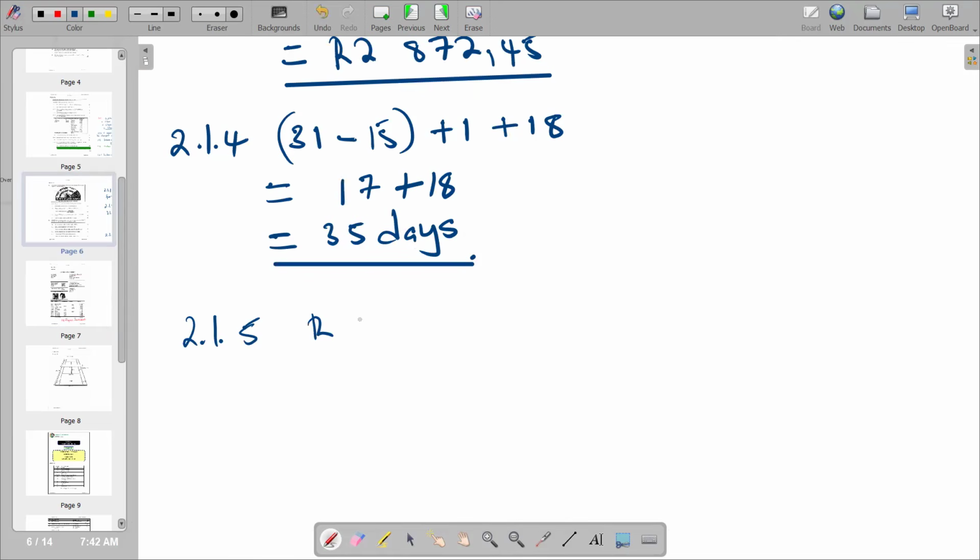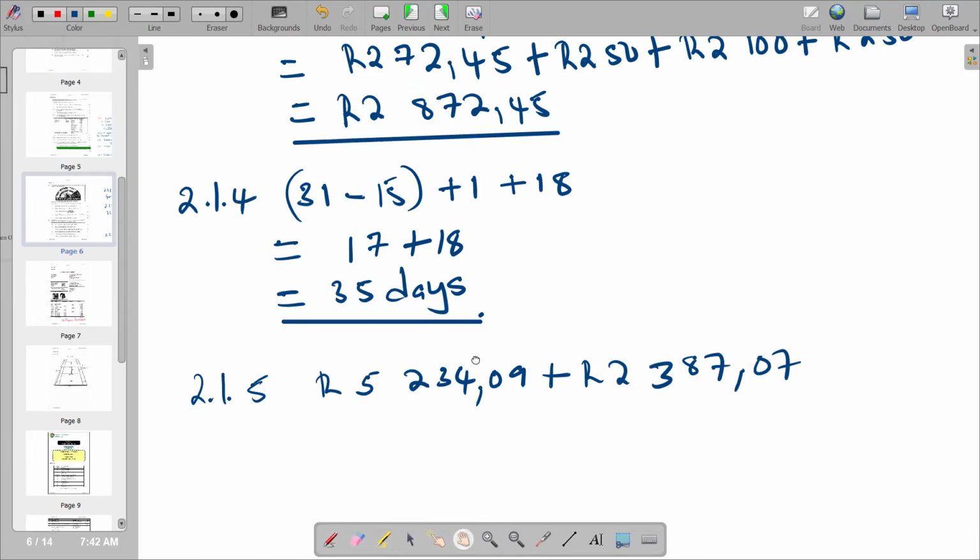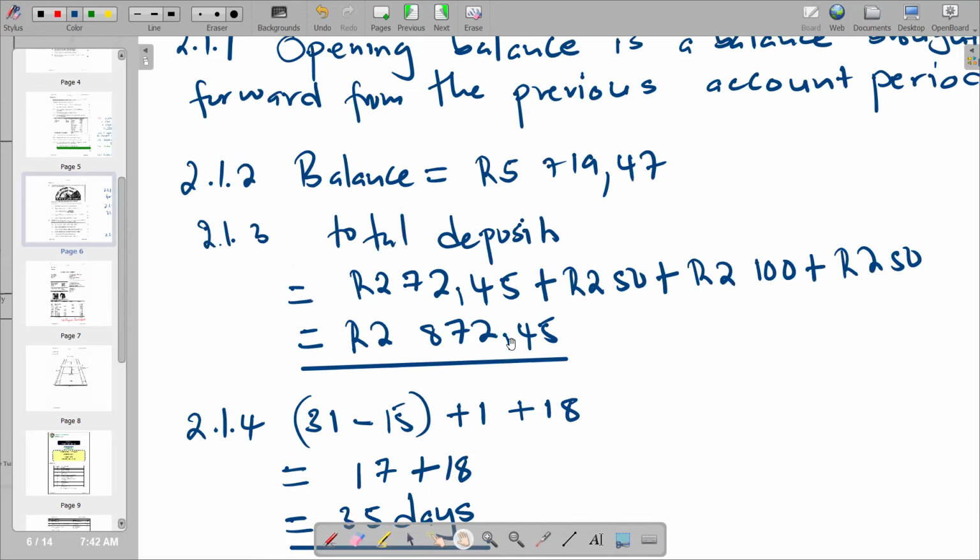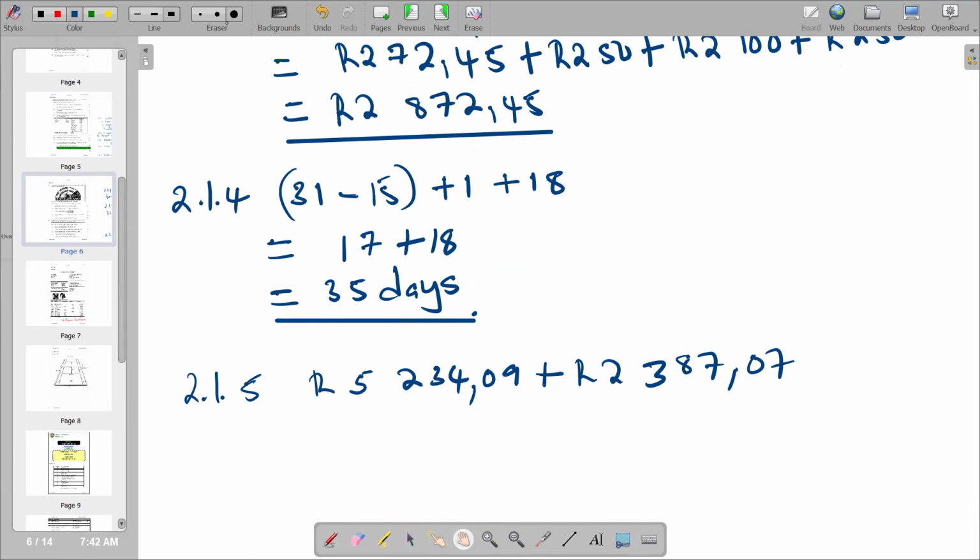So 5,234 rands 90 cents, and then we add total deposits, the figure that we got there. Remember our total deposits, we are getting 2,872.45. So we can just correct our total deposits.